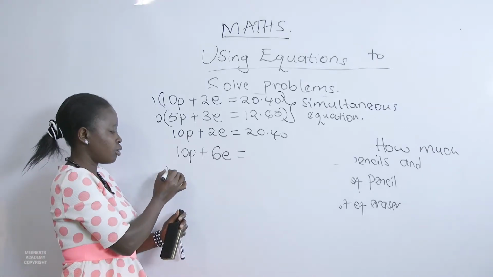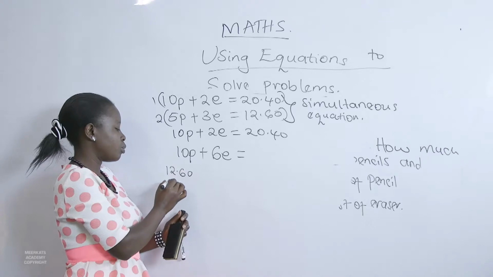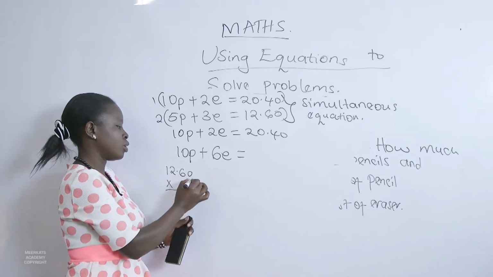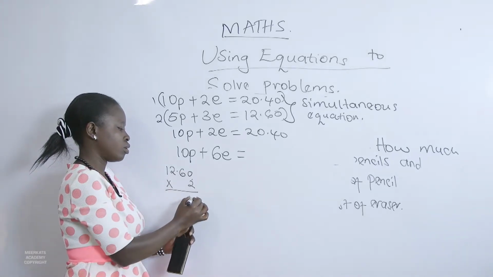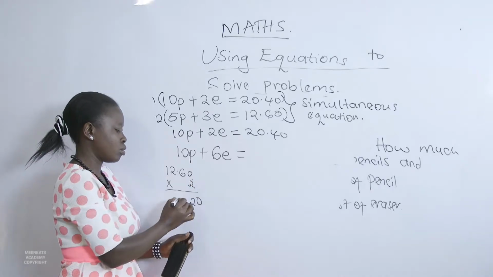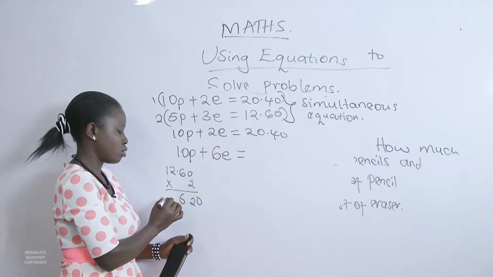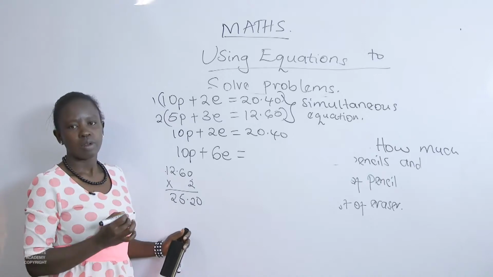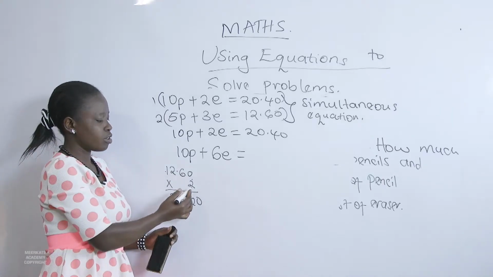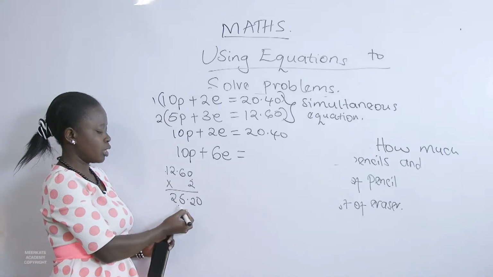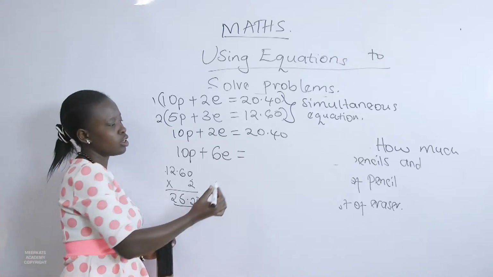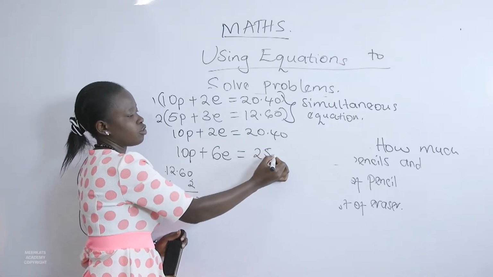So we have 12.60 times 2, so we'll have 25.20, so 25.20.